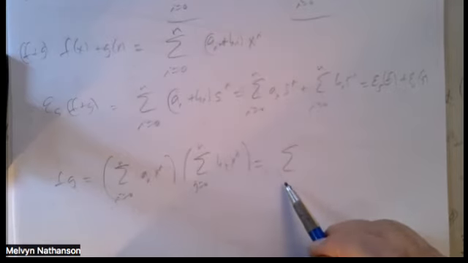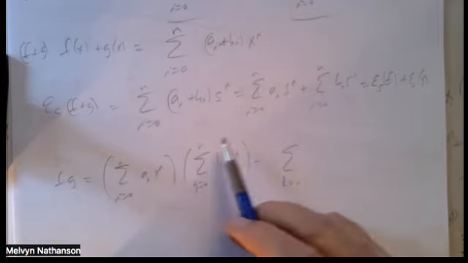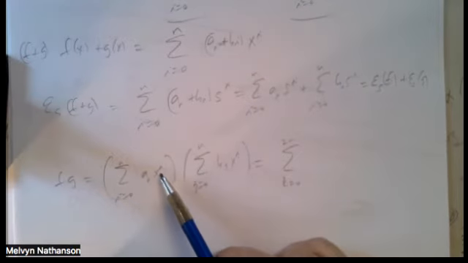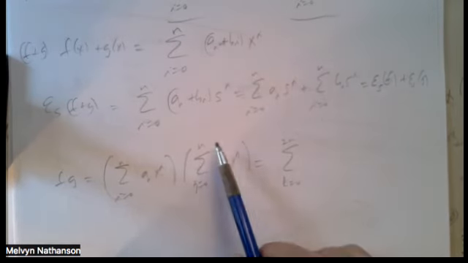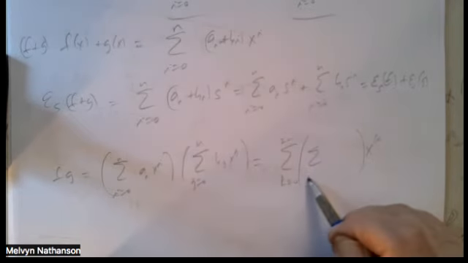You get a polynomial, say k goes from 0 up to at most 2n, x to the i, x to the j is x to the i plus j. If i and j go up to n, i plus j goes up to 2n. So x to the k. And when do I get a k? Whenever i plus j adds up to k.